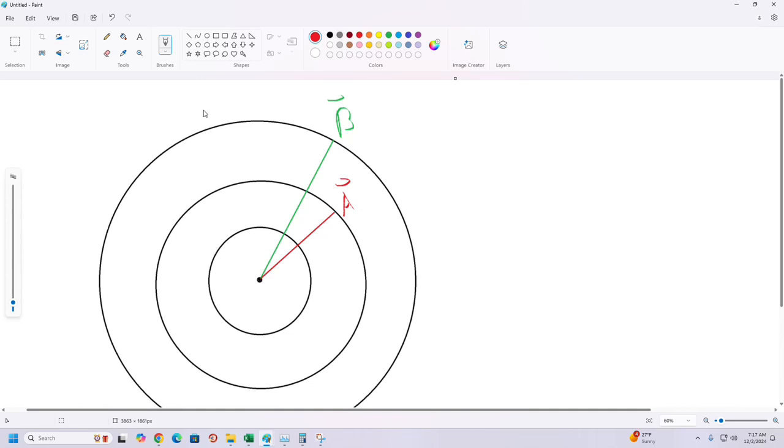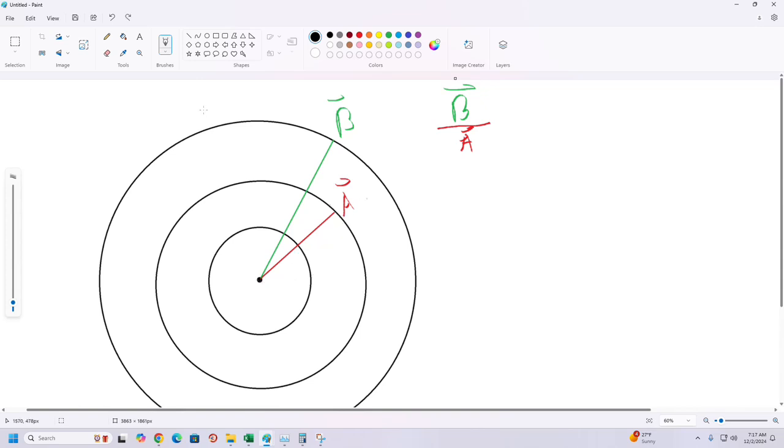The expression B over A, whether B is a complex number or a real number, or A is a complex number or a real number, it means to measure B in terms of A as if A were 1 unit of length in the forward direction. That's what it means.